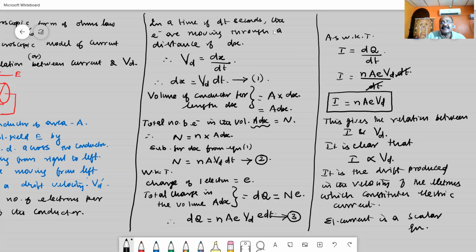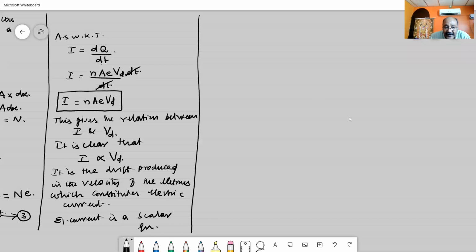Now I have to go to the next part, the continuation of this question, and I am going to calculate current density from current. What do you mean by current density? Current density is represented by the letter J, and it is a vector quantity. Why it is a vector quantity, I will explain.